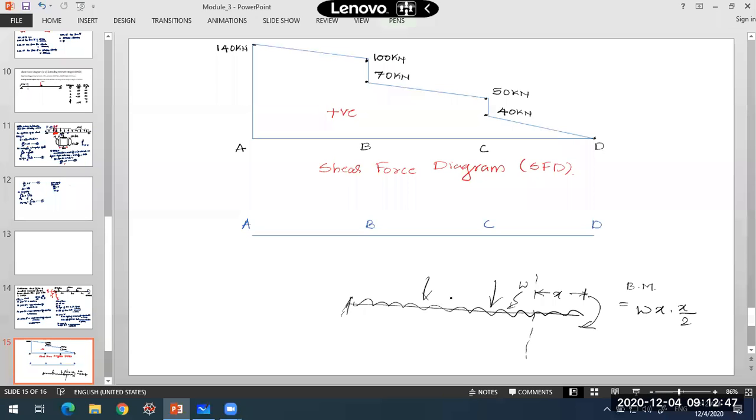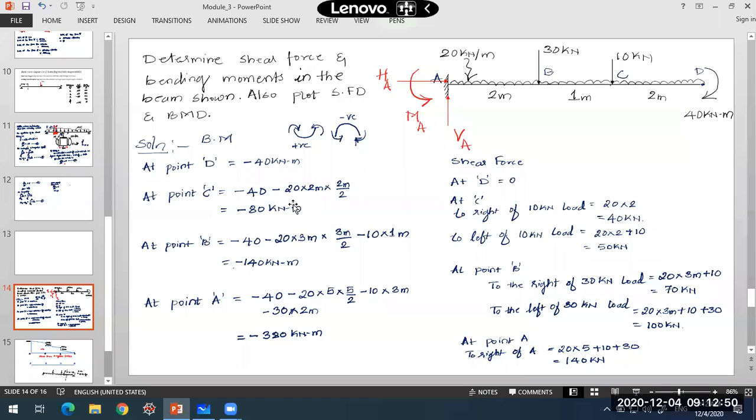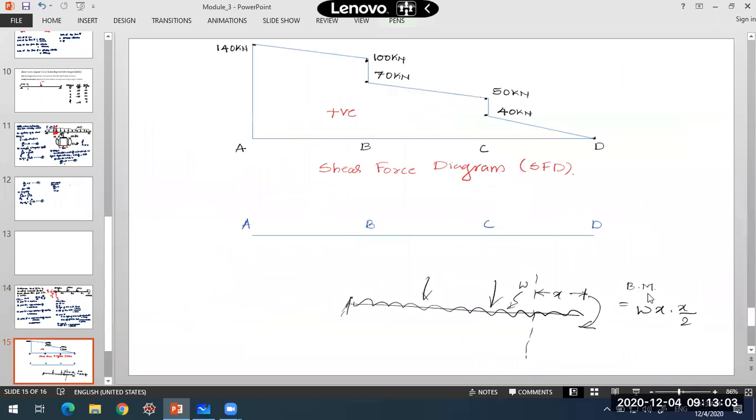Like we did at point C, when I came to point C, it was minus 40, this couple, minus 20 into 2 into 2 by 2, W into x by 2. So that is what the equation will come out to be. This is a quadratic equation, if you observe, of second order, x to the power 2, or W x square by 2. This is what the bending moment equation consists of.